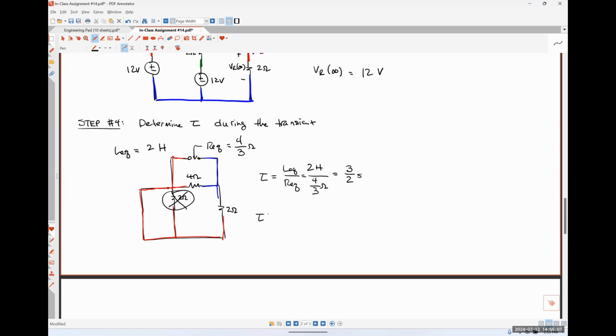And you'll see why I'm doing this in a moment. The inverse of tau is then going to be 2/3 per second. Actually, before we move on with step 5, does anybody have any questions about what we did in step 4?